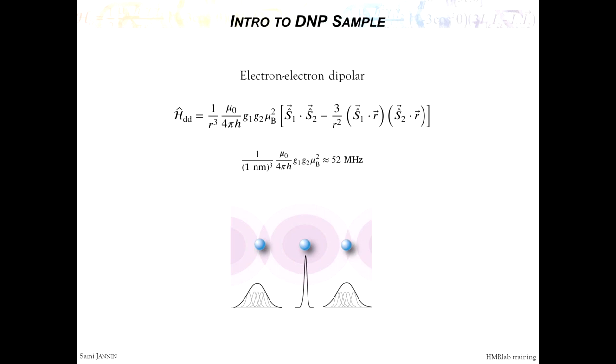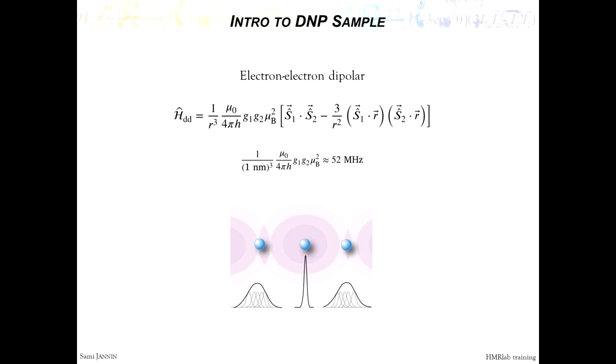In front of this scalar vector, you have this term here that gives the strength of this dipolar coupling. And for example, if you have two electrons that are separated by 1 nanometer, it will be about 50 megahertz. And it goes with the cube of the distance, 1 over the cube of the distance. So the further away they are, the smaller it gets, and the closer they are, the higher it gets, this dipolar coupling.